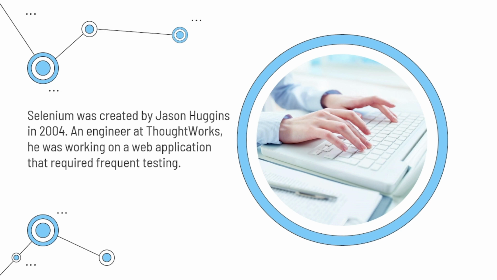Having realized that repetitious manual testing was becoming increasingly inefficient, he created a JavaScript program that would automatically control the browser actions. He named this program the JavaScript Test Runner.